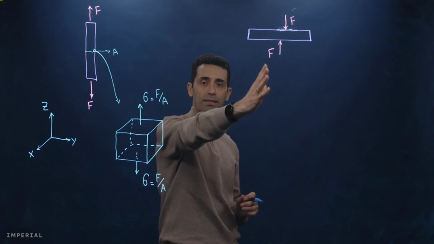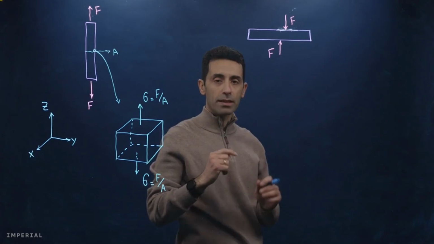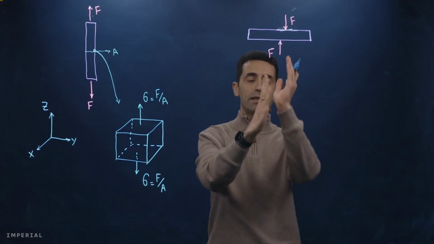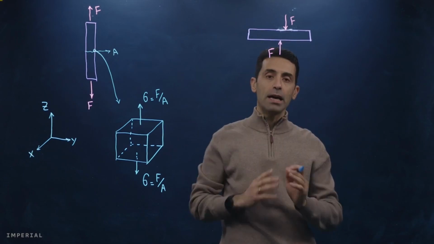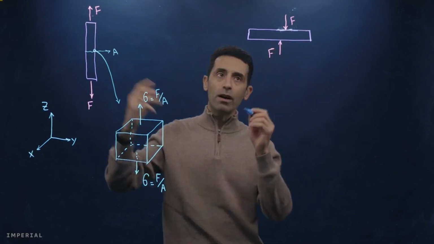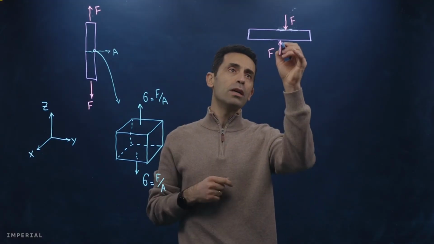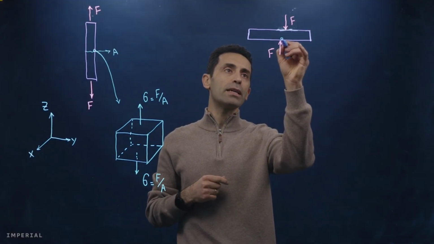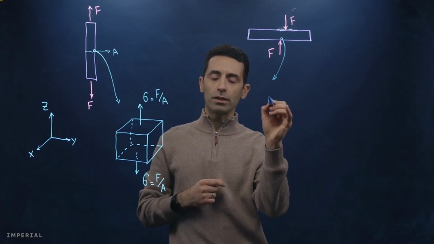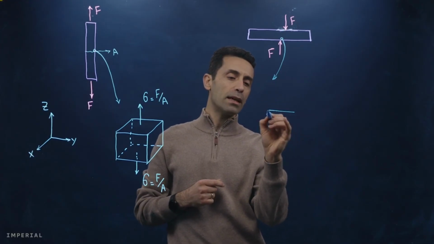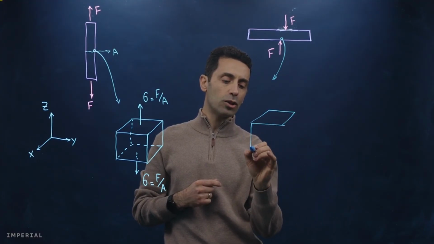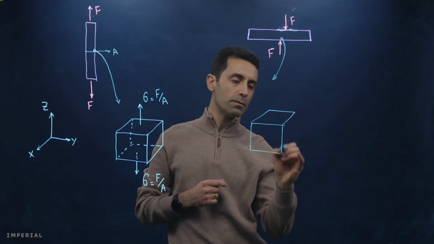Now if you look at this experiment, this is a standard shear test where you see that these forces are shearing our rod. Again, if I zoom into this region and take an infinitesimal element out of that region, that element we again represent with an infinitesimal cube like this one.